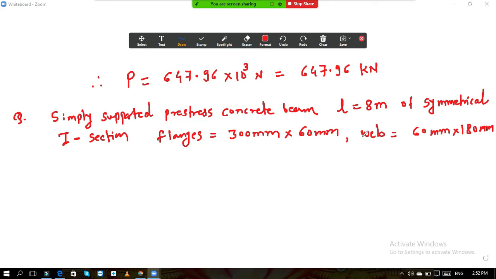Okay. And they told us the beam has to support a superimposed load in addition to its own weight. So live load is given to you, it is 2 kilonewton per meter, in addition to dead load.